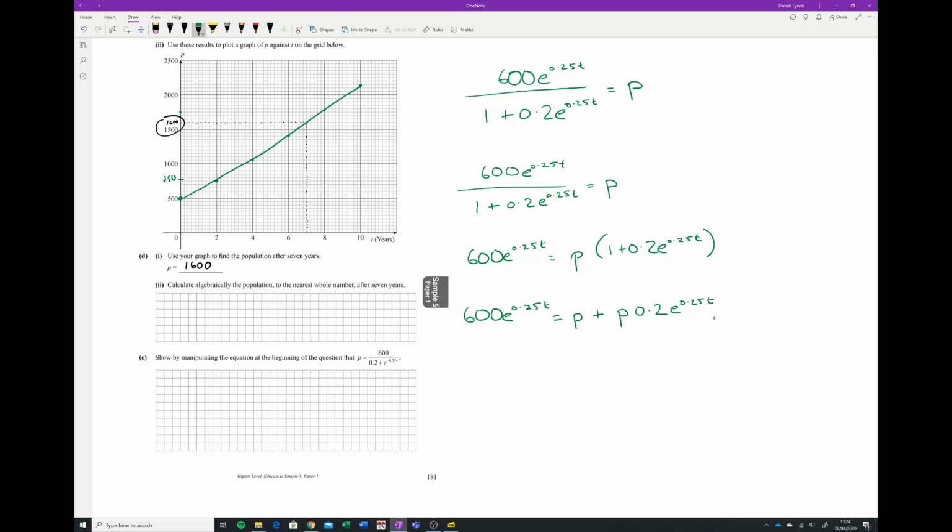Okay, what do we have? I suppose if we say that we want the e to the 0.25t to be interacting, then we should probably get them over to the one side. So e to the 0.25t, and here we have minus P times 0.2 e to the 0.25t, it's equal to P. Maybe a good idea here just to go and factorize it.